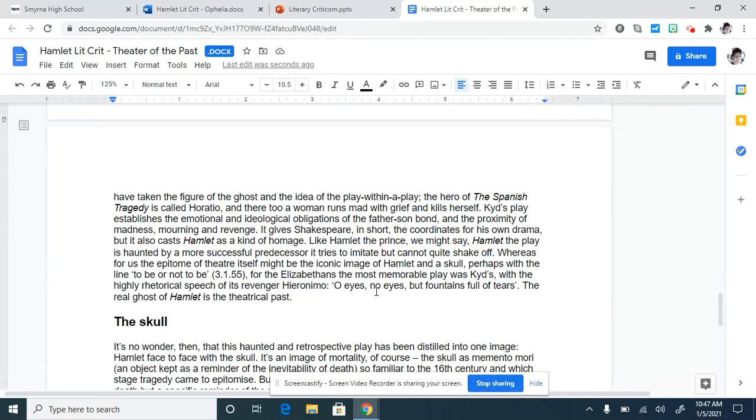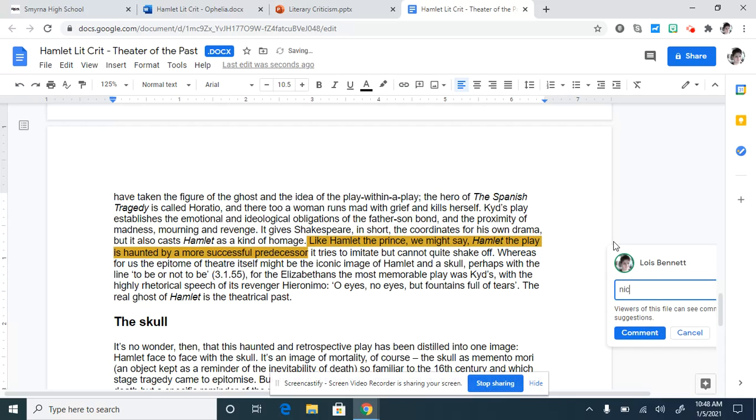And so, really, as it says down here, like Hamlet the Prince, we might say Hamlet the play is haunted by a more successful predecessor. I really just want to say here that that is nicely phrased.